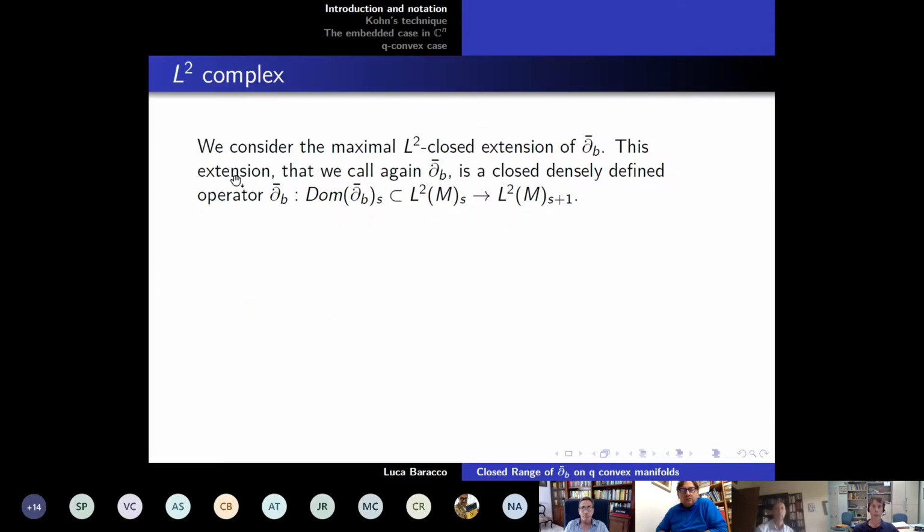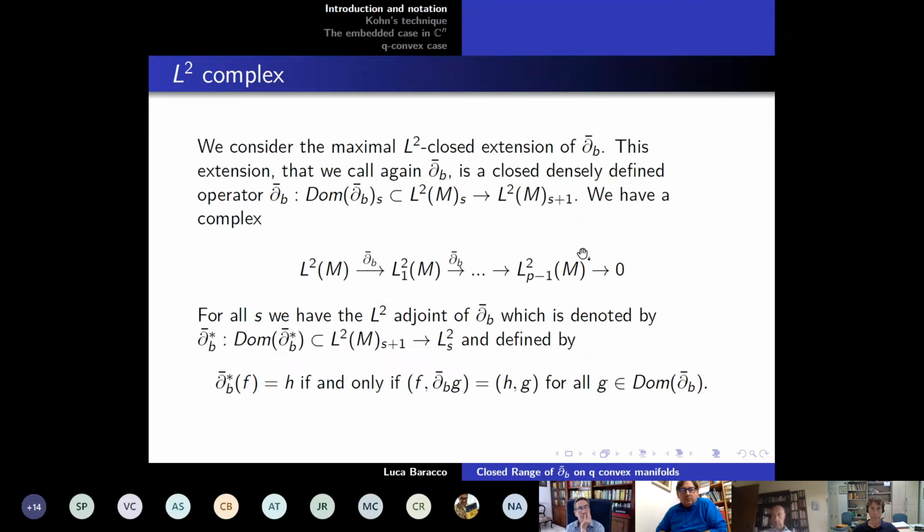And we consider the maximal L2 closed extension of the d bar B. And we have that this extension, that we call again d bar B, is a closed densely defined operator from its domain, which is a dense subset of L2S with values in L2S plus 1.